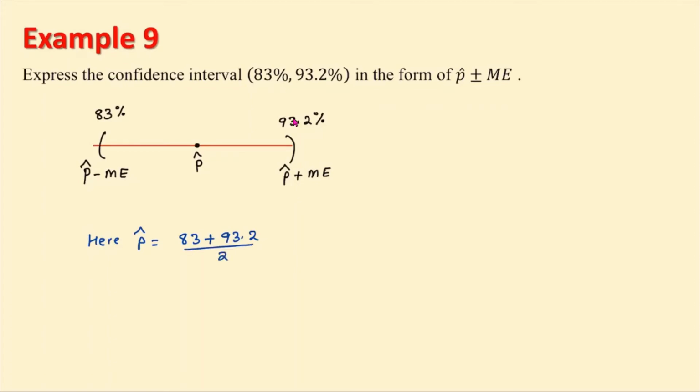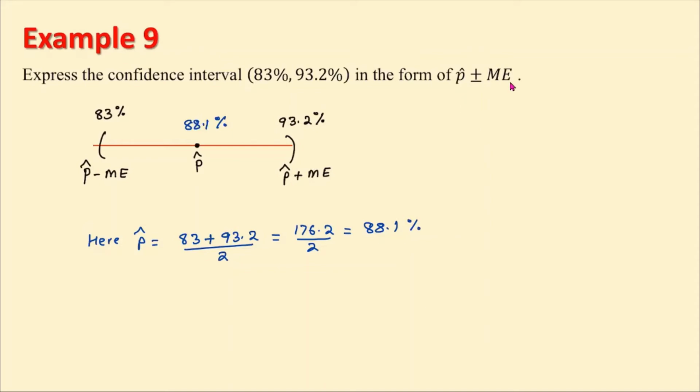If you add those two values, it will be 176.2, and dividing that by 2 gives 88.1. So the value that goes here in the middle is 88.1%. That is the value of p hat.